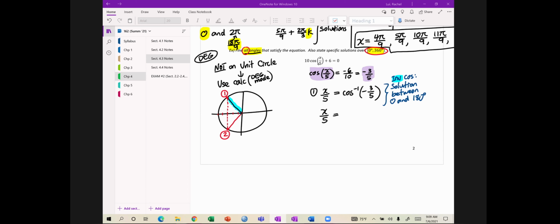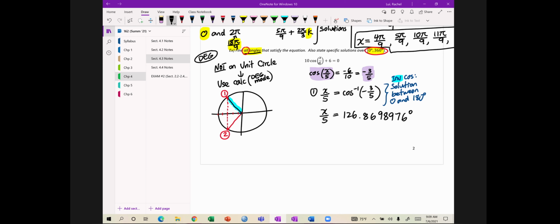So for inverse cosine, we're getting the solution between 0 and 180 degrees. Okay, let's see what we're getting. Great, looks like we're in agreement. That's 126.8698976 degrees.